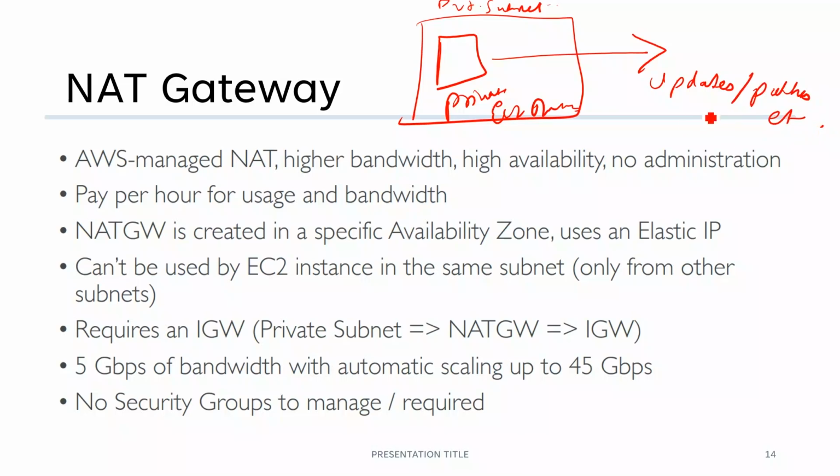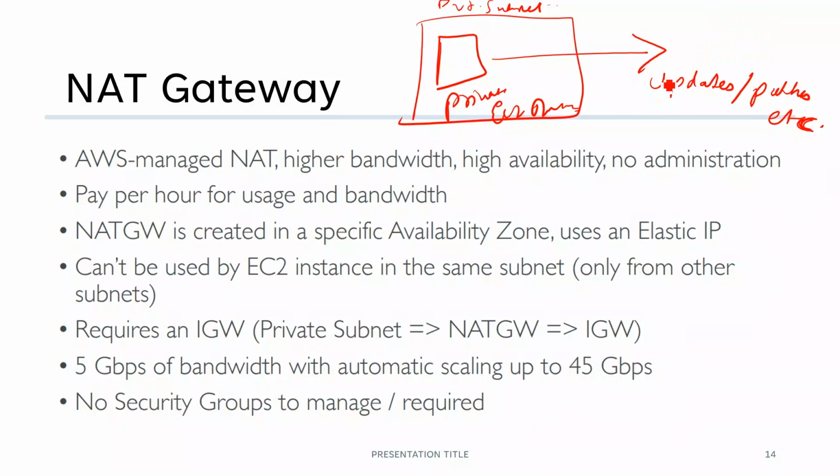Now you can argue, okay, you just talked about a Bastion host, why can't we do that using it? Yes, that is a good option, but the thing is, using a Bastion host at one time you can communicate with only one private instance, and if you have like 1000 private instances, then it will be very difficult to manage.